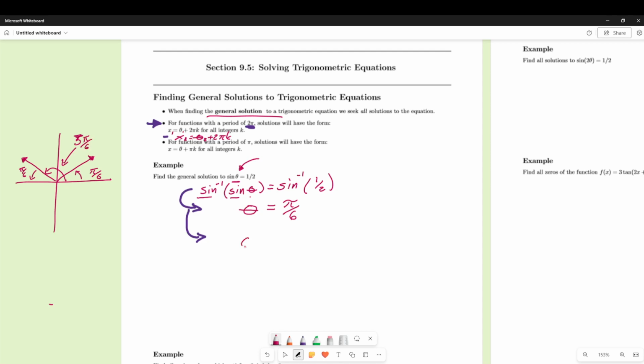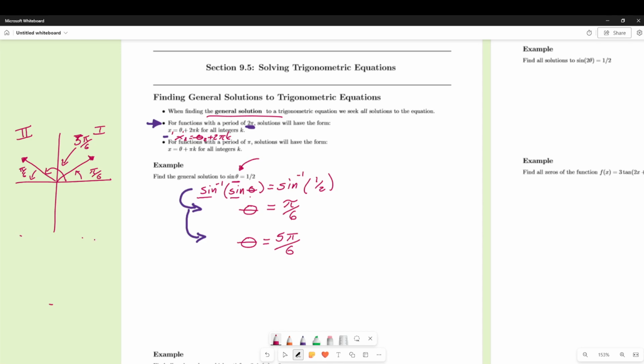So we know that 5 pi over 6 is also a possible answer for this problem. So we have two possible answers here, one in quadrant 1 and one in quadrant 2. In quadrant 3 and quadrant 4, the ratio would have been negative, so there can't be any in those quadrants.